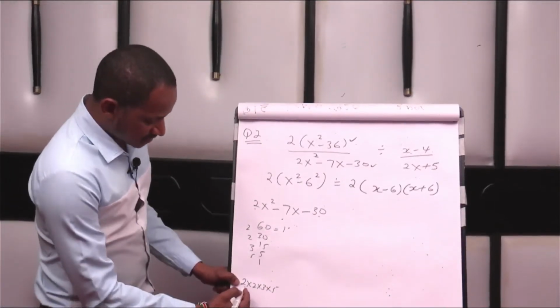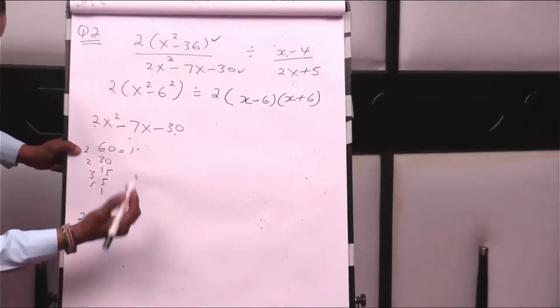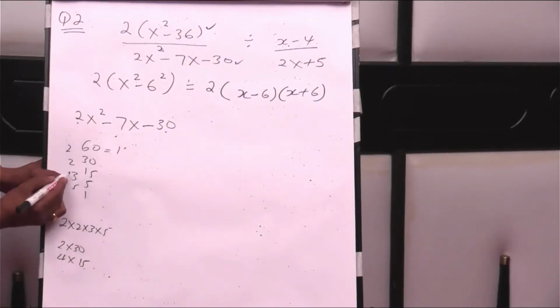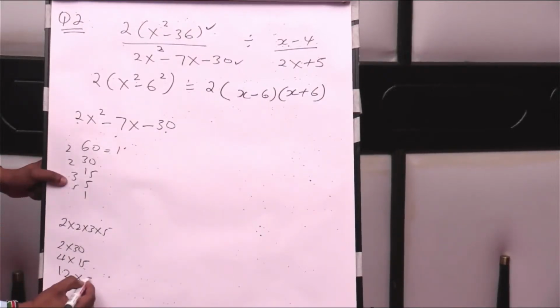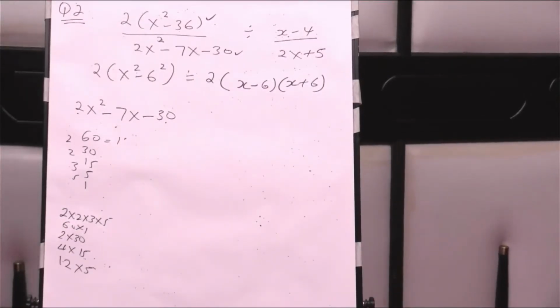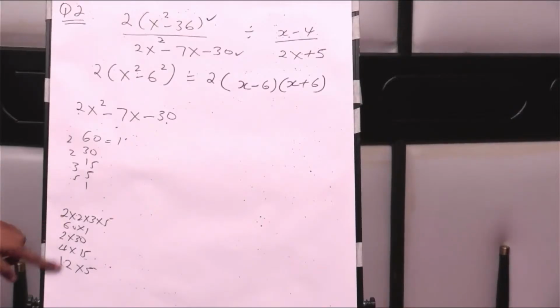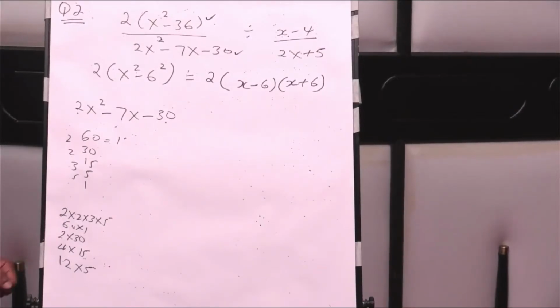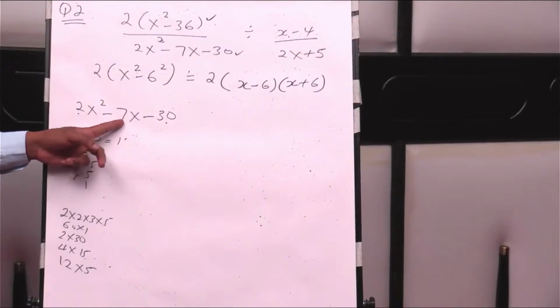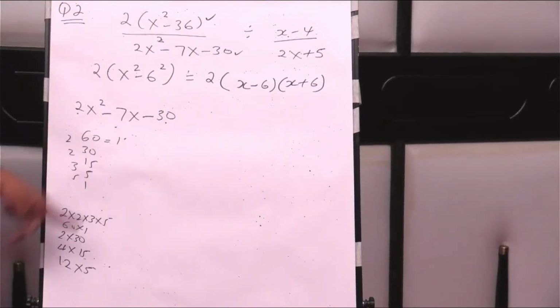So factor pairs of 60 can be 2 times 30, or 4 times 15, or 12 times 5, or 60 times 1. So all these are factors of 60. If you multiply two of them, it gives you 60, but if you add them, it gives you 7. If you subtract them, it gives you -7.